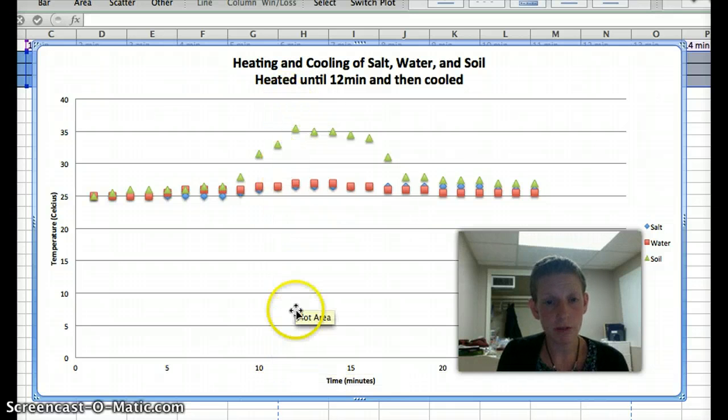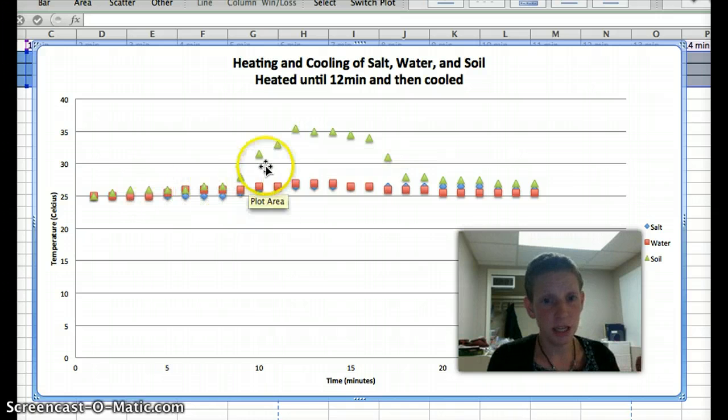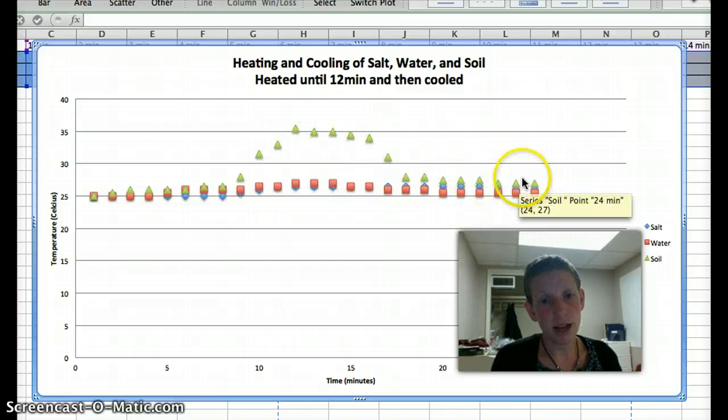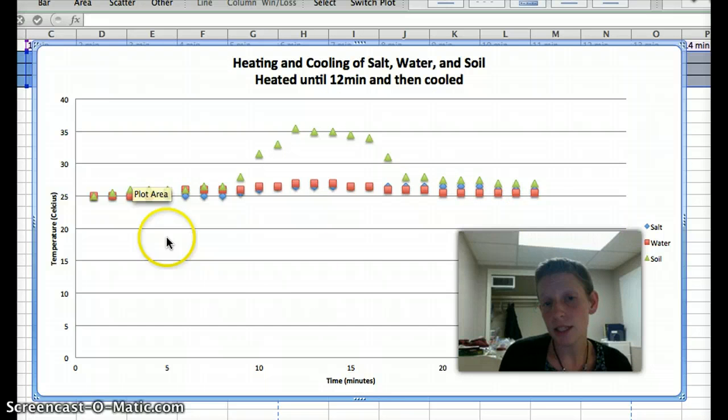So this is a graph of the whole experiment. Right here at minute 12, right with this peak triangle here, that's when I turned off the light and we started the cooling process. So you can kind of see it made a really, at least for the soil there, made a really nice rise and then fall. We will be discussing this in class tomorrow.